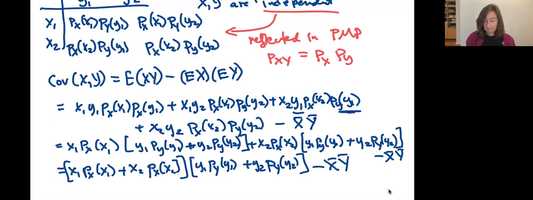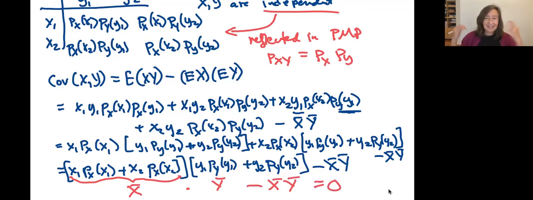Okay, now let's just see what we've got here. x1 times its probability plus x2 times that probability, that is the expected value of x, that is x bar, multiplied by y1 times the probability of y1 plus y2 times the probability of y2, that's the expected value of y, multiplied by x bar minus y bar equals 0.